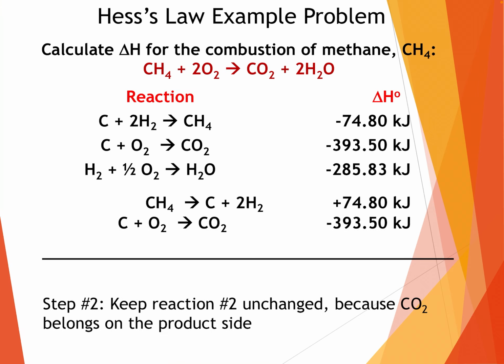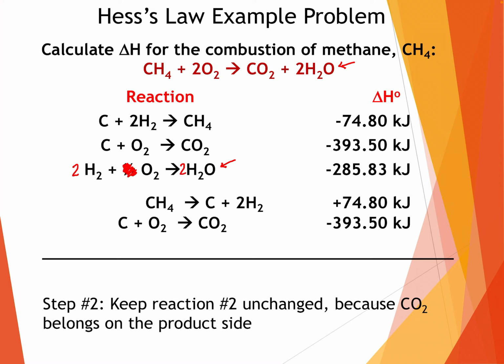Okay, now let's look at the last one. Here we have water on the product side, which is great. But up here in our overall reaction, do you see that there's a 2 in front of water? So we actually need 2 of this third reaction. So we're going to multiply all of the coefficients by 2. A 2 will end up here. This 1/2 will go away because 2 times 1/2 is 1.